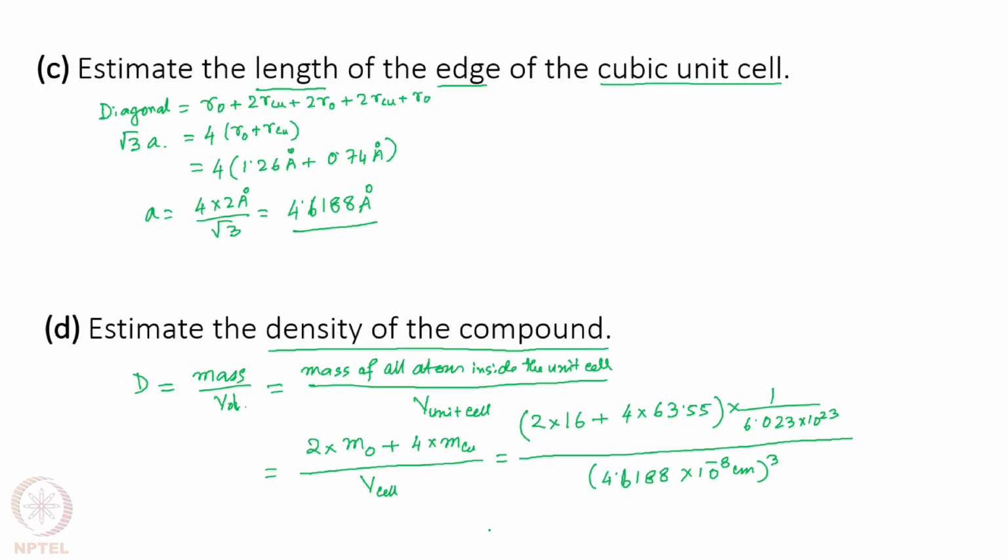So if you calculate this number, this density should turn out to be 4.8 gram per cc, or 4.8 gram per centimeter cube.